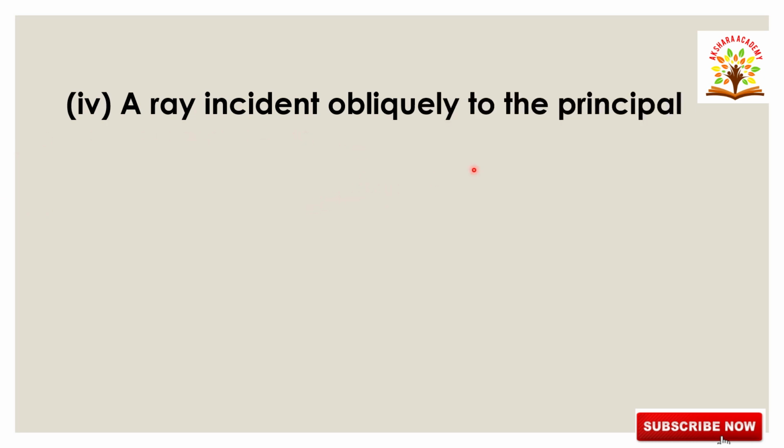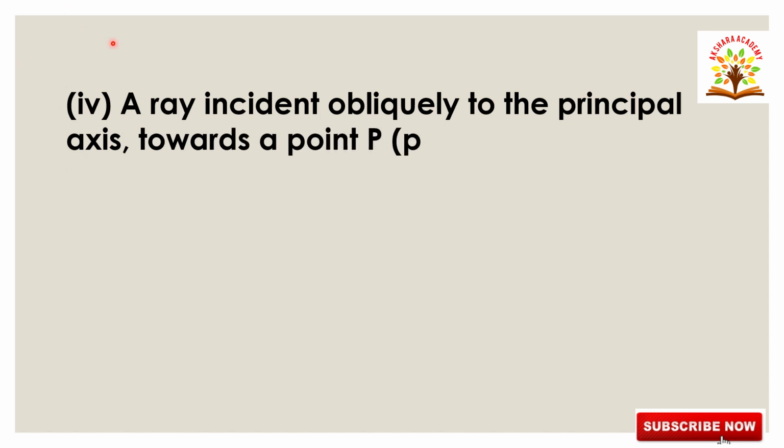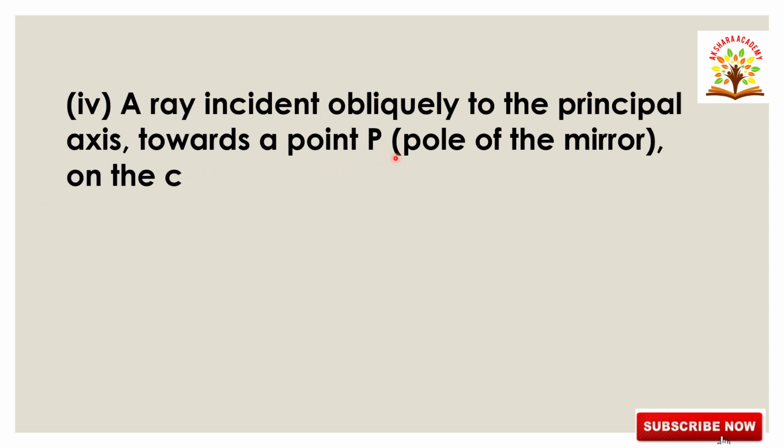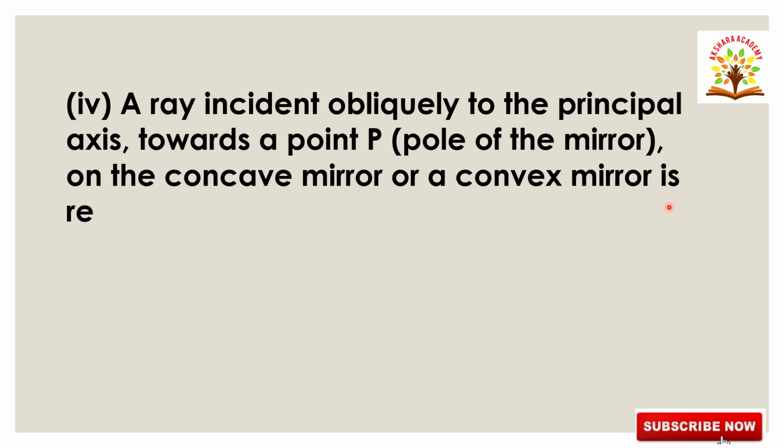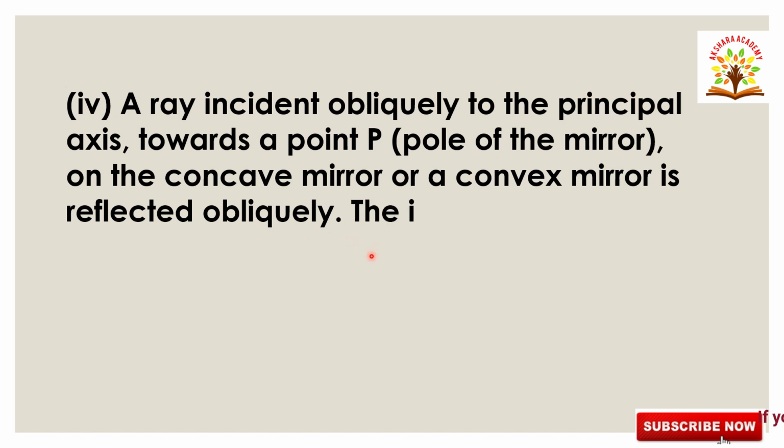Go to the fourth rule. A ray incident obliquely to the principal axis towards a point P, the pole of the mirror, on a concave mirror or a convex mirror is reflected obliquely.